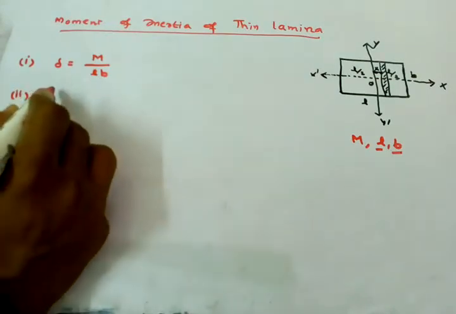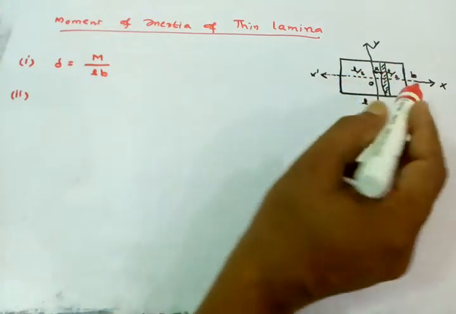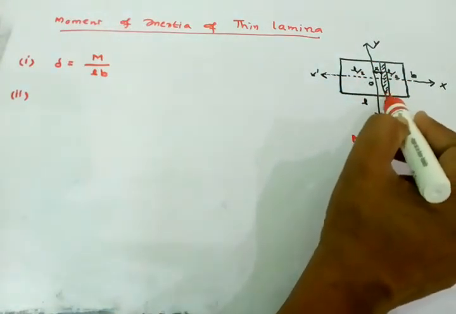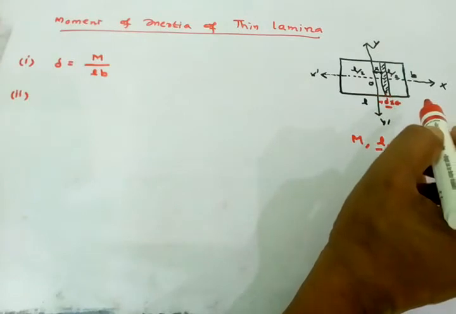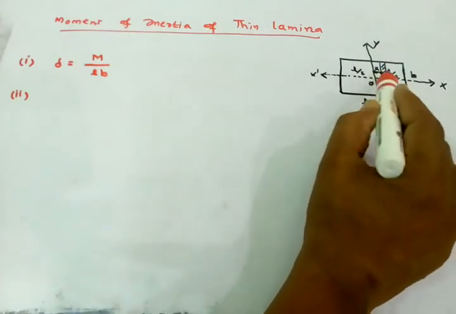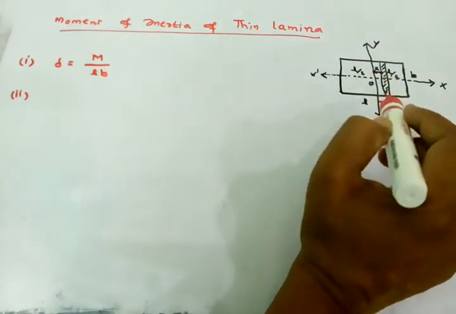Moving to the second step. This is the elemental strip we took from the thin lamina. The length of the elemental strip is dx, and the elemental strip is at distance x from the y dash axis.